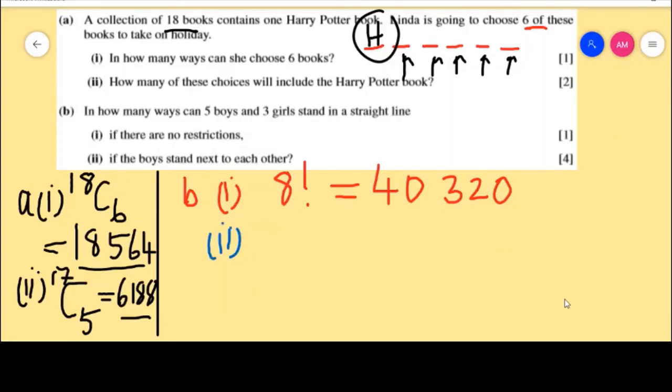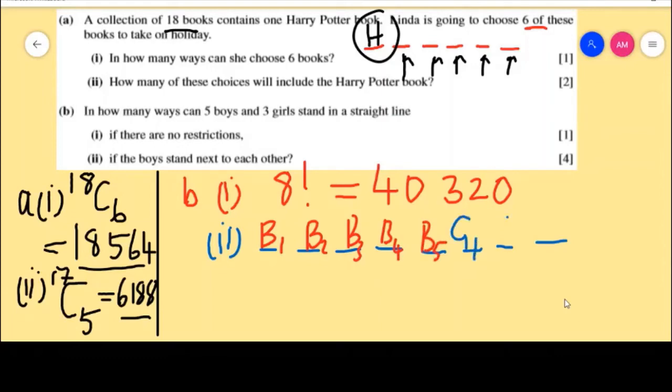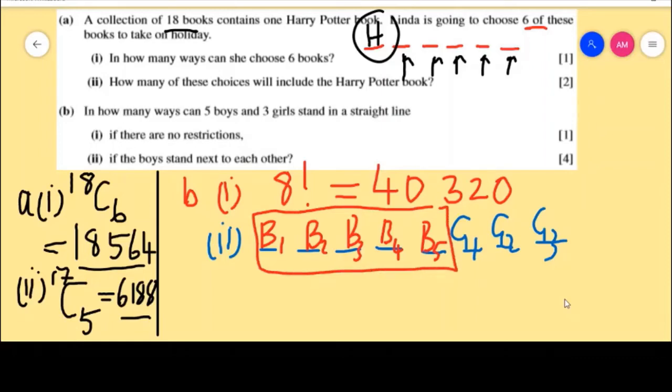If the boys stand next to each other: I've got 5 boys, the first boy, the second, the third, the fourth and the fifth, and then 3 girls. I'm told the boys need to be next to each other, so they move as one.